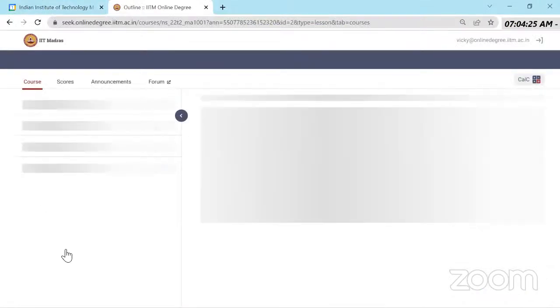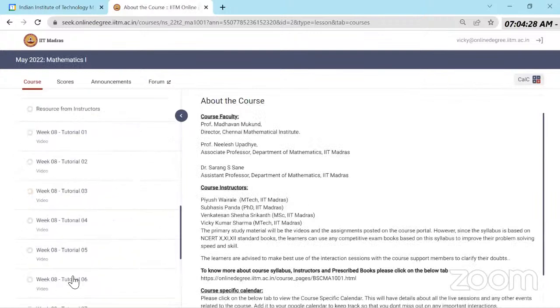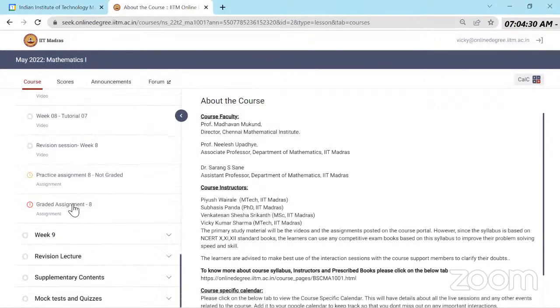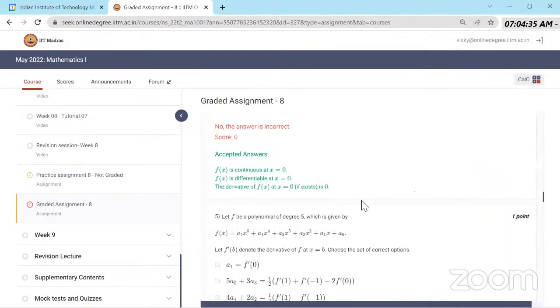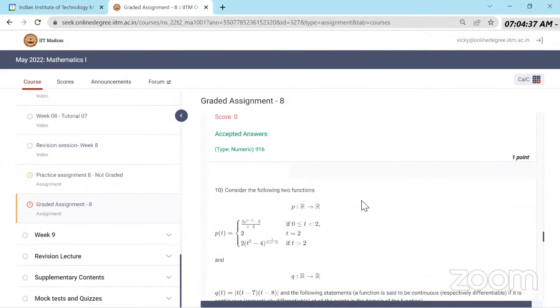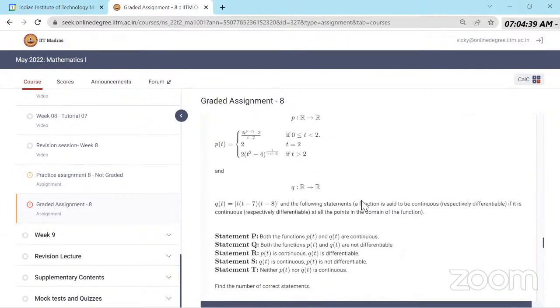We were supposed to check continuity, right? In question number 10, we were supposed to check continuity and differentiability for this function. Oh, okay. See, for the last option, neither p of t nor q of t is continuous, right?